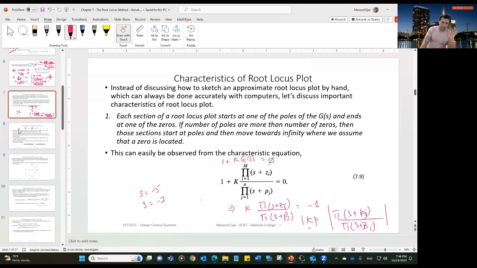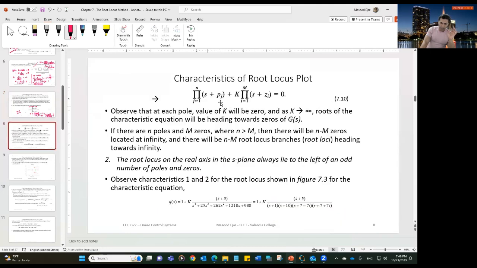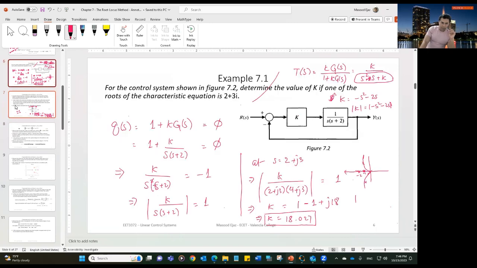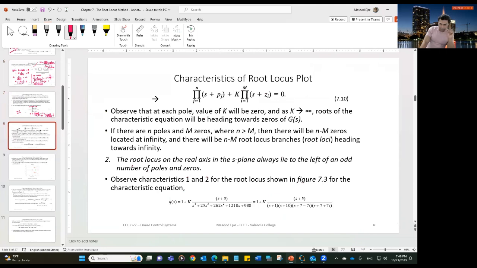Earlier we said that when k is 0, then we are going towards one of the poles. So if your poles are, let's say, -3, -2, or whatever the poles are, and we put any of those values here, let's say s plus 3, so if you put s is equal to -3 as one of the poles, this is going to become 0, and you're going to have k times the product of all the zeros equal to 0, which will make k equal to 0, because of course you do have zeros that exist.